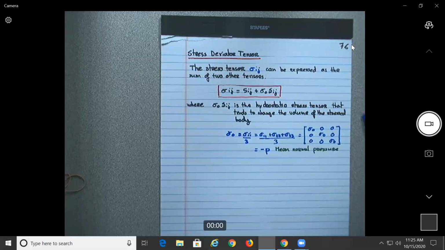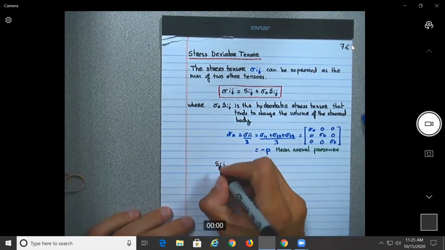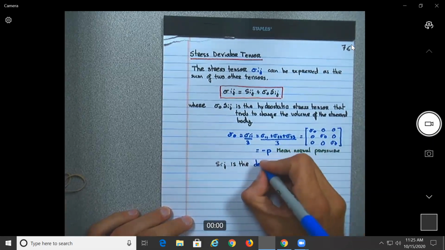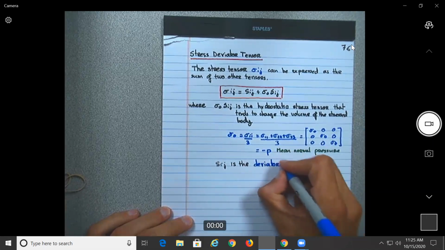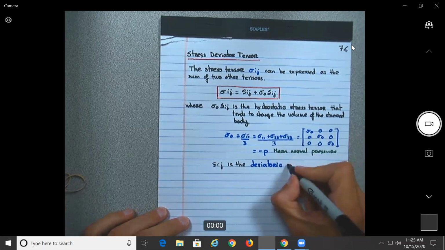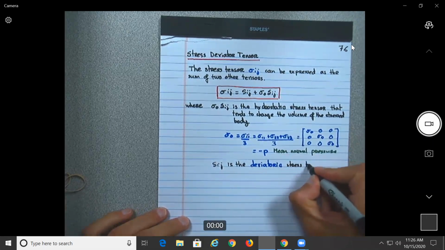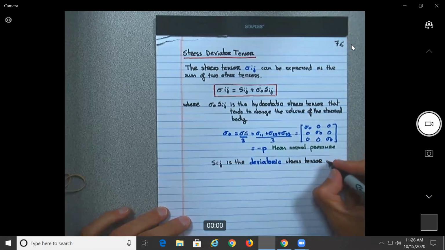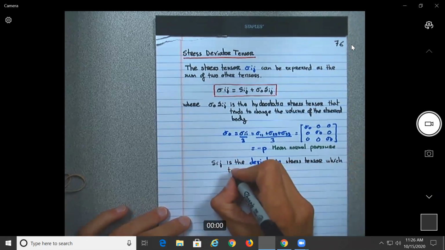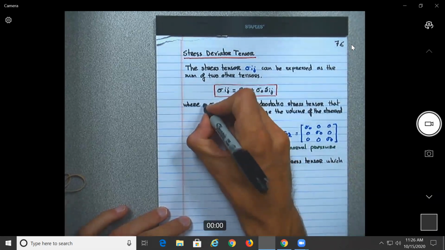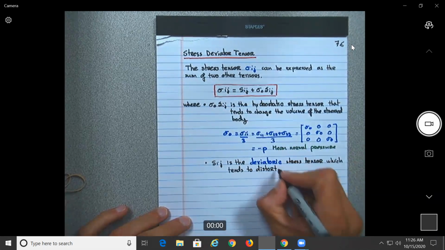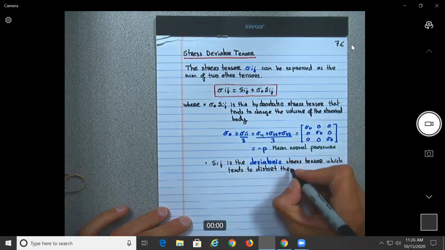So now the other term is what? It is the Sij, and this Sij term is the deviatoric stress tensor, which tends to distort the stressed body.